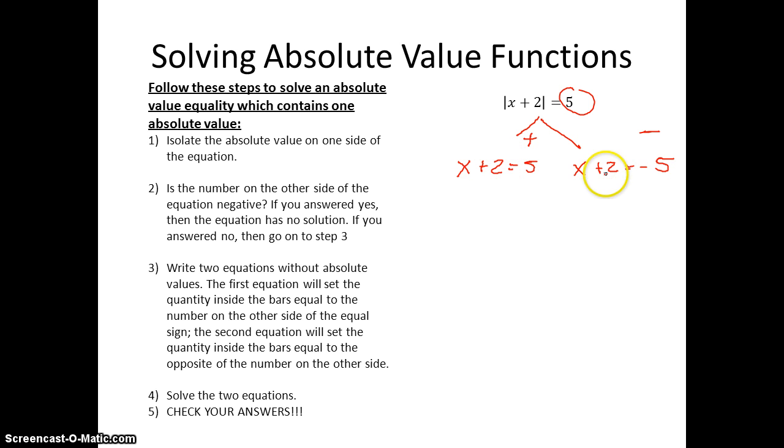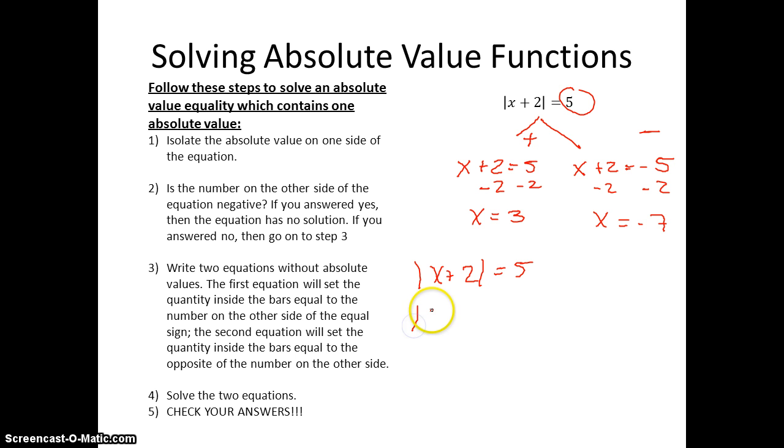This, if you notice, stays the same. x plus 2 is just x plus 2. We just drop the bars. And now we go ahead and can solve each side as we would. So x equals 3 and minus 2, minus 2, x equals negative 7.